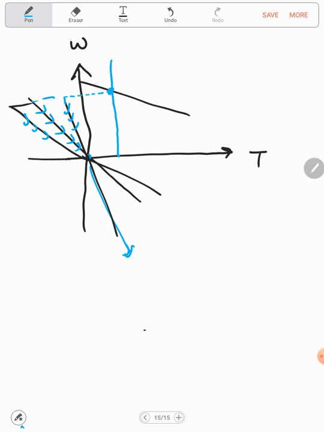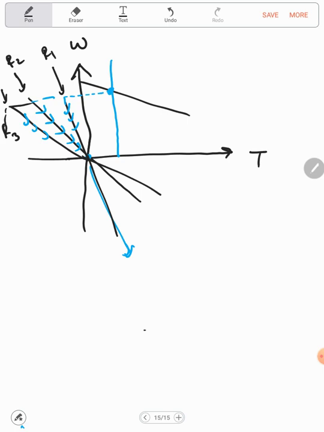Now here, let's assume we have 3 cases for the resistance. Let's assume that the first one is R1, and this one is R2, and this one here is R3. What's the relation between R1, R2, R3? Which one is the minimum, which one is the maximum?